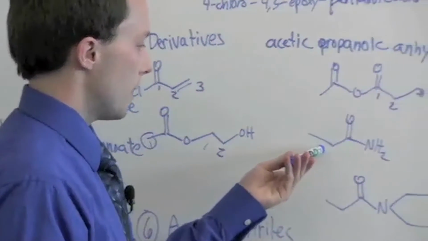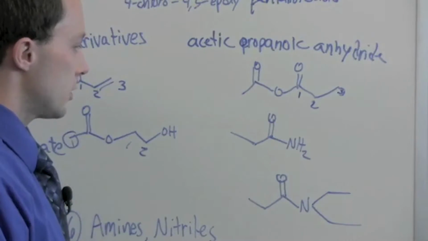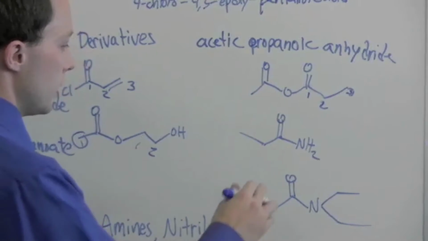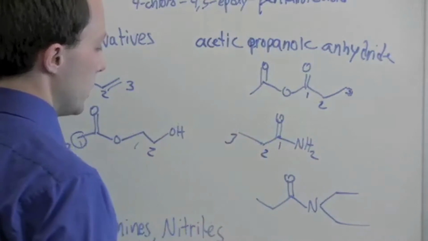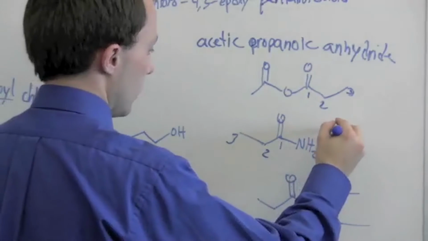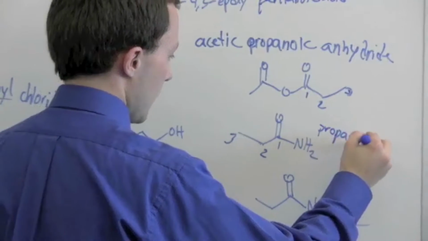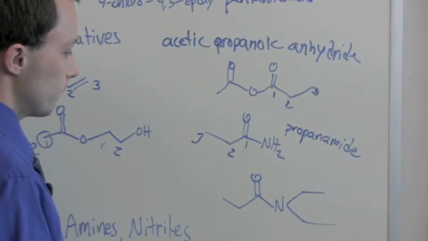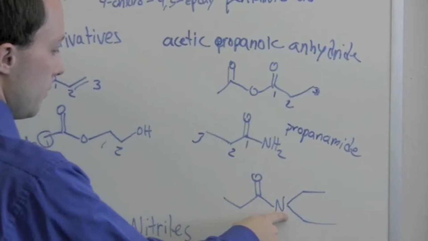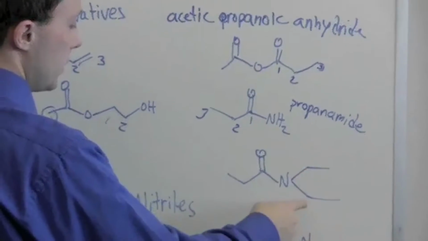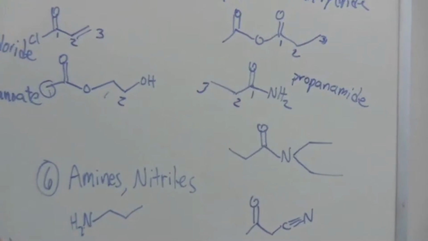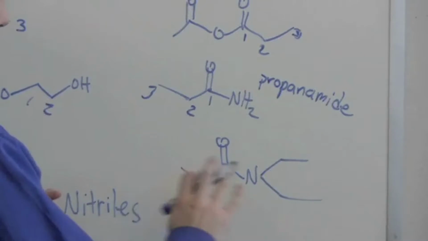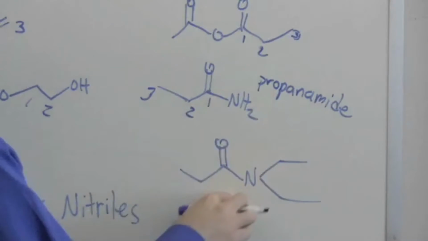Next we'll name amides. Amides are carbonyls that are attached to nitrogens. And so this one is just a 1, 2, 3 carbon chain, and so this is going to be called propanamide. If we add carbon chains, substituents, off of the nitrogen, then this becomes some kind of substituted propanamide.